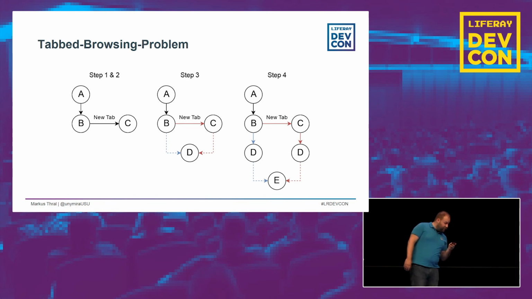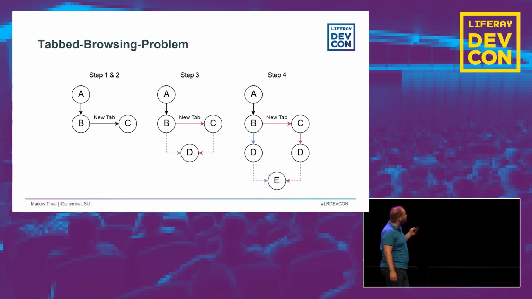But what if in step 4, the user navigates from B to C to D and also from C to D, and has currently opened the same page twice, then we have a request to page E with the referrer header D, and that's the problem. We cannot say it for sure.